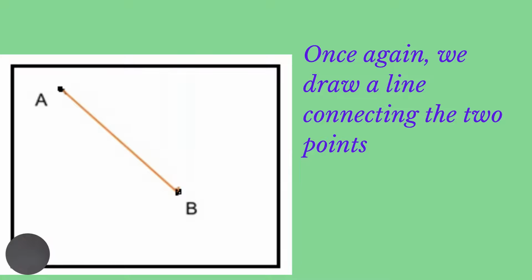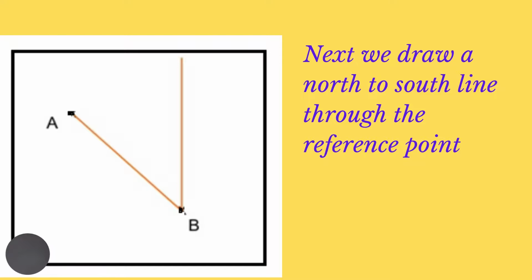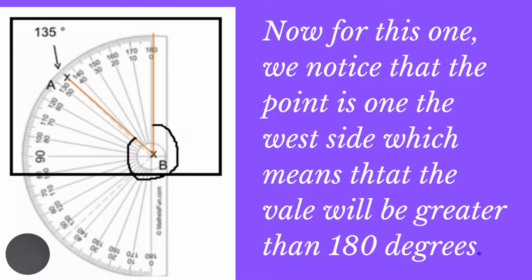Remember, the first thing that we do is to draw a straight line connecting A with B. Then we are going to draw a line through the reference point, and remember the reference point is B. All right, and the line that we draw will be a north to south line. So the angle that we're trying to find starts from the north to south line all the way around to the first line that we drew.